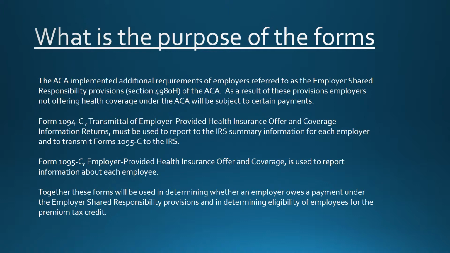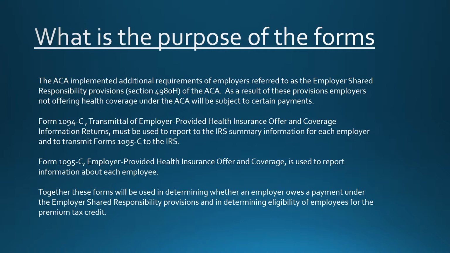If employers subject to these provisions do not offer affordable health coverage that provides a minimum level of coverage to their full-time employees, the employer may be subject to an employer shared responsibility payment if at least one of its full-time employees receives a premium tax credit for purchasing individual coverage on one of the new affordable insurance exchanges.